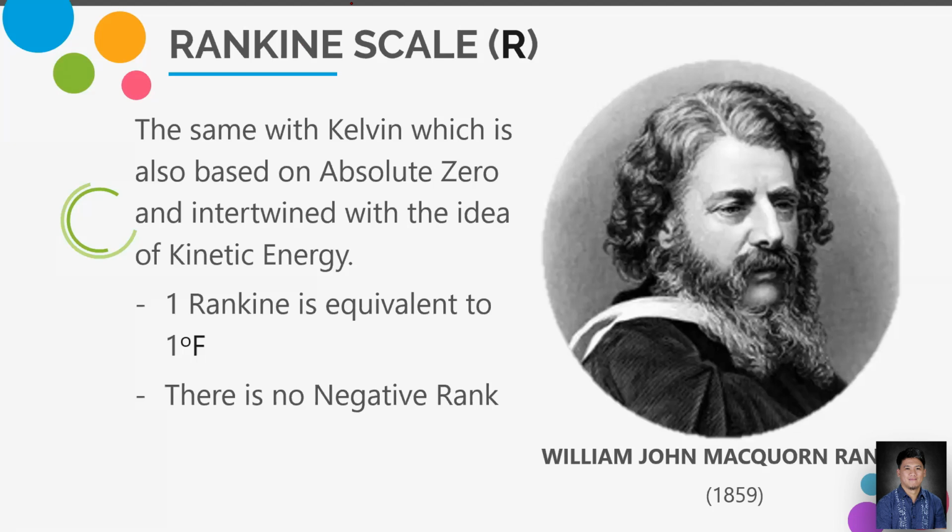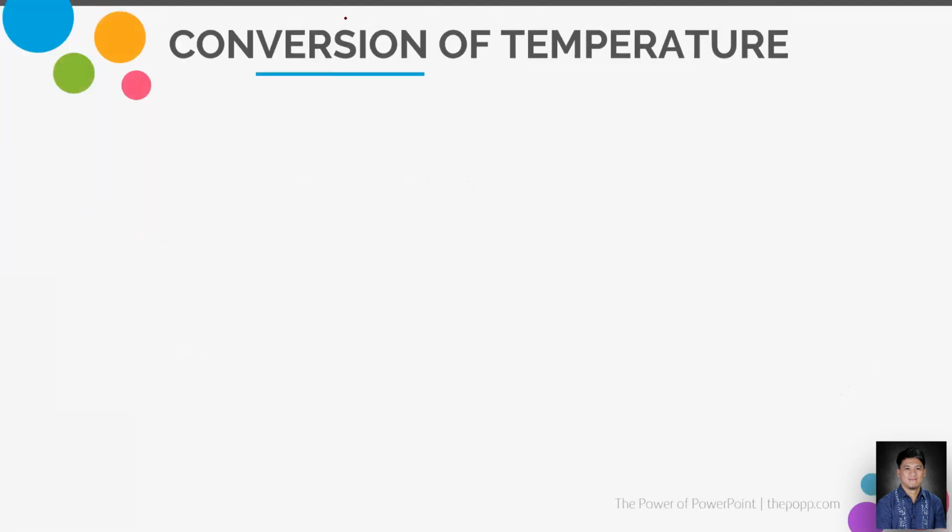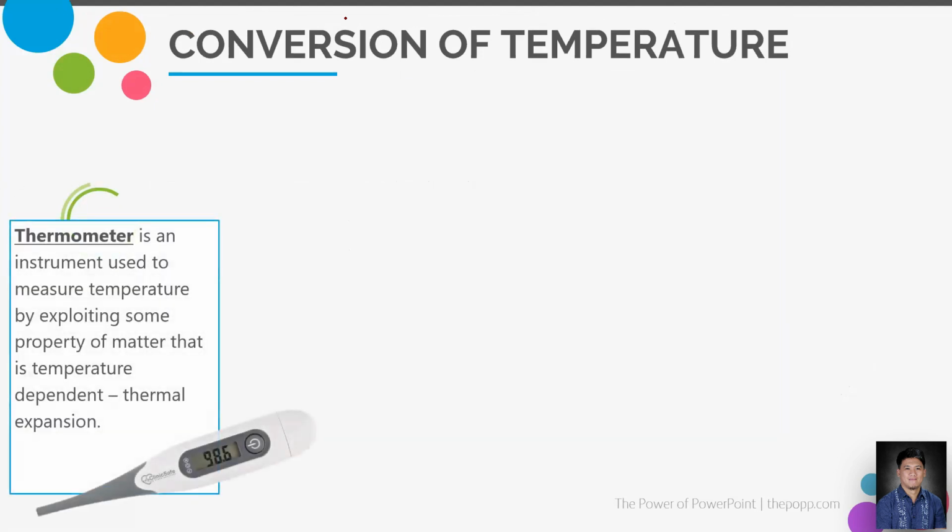Okay? So next is, so after temperature, we will talk also about heat, but before that, let us first talk about the conversion of temperature. So we will convert temperature from one scale into another scale.